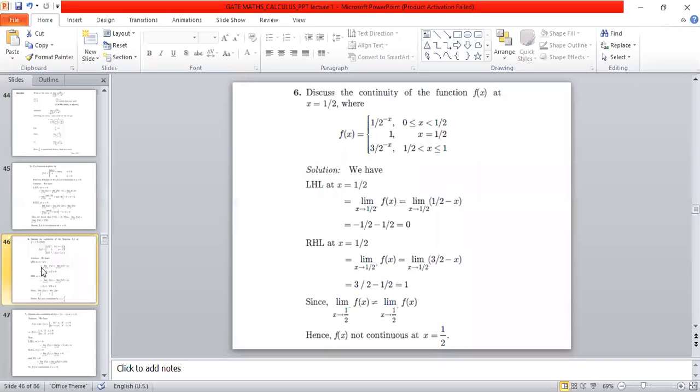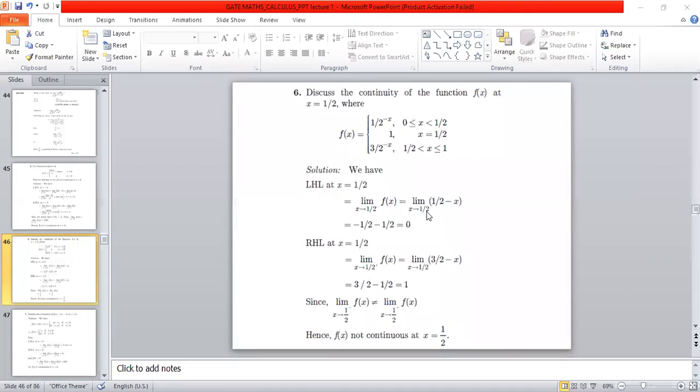So we are writing its left hand limit at x is half, that is, limit x tends to 1 half minus of f of x. Behind 1 half, the function is 1 half minus x, it is not raised to minus x, it is 1 half minus x.